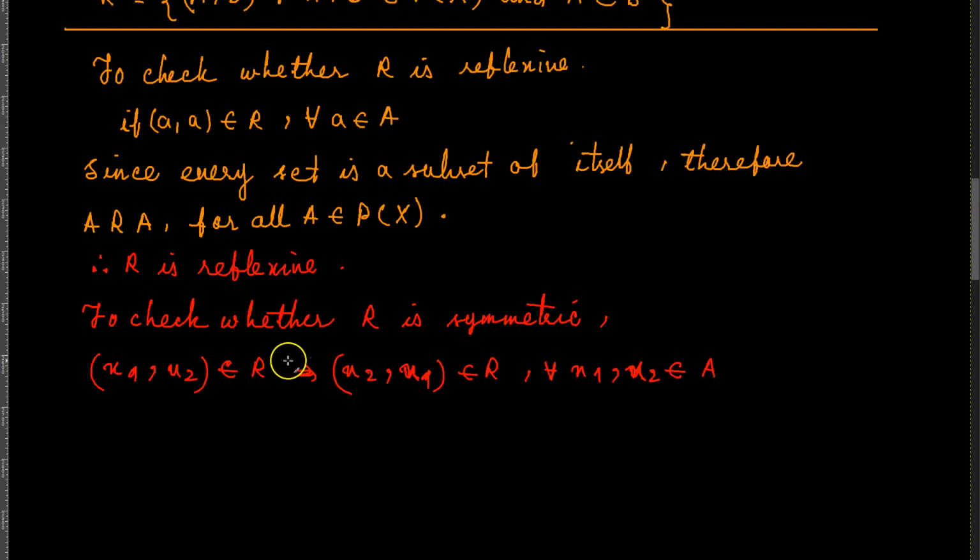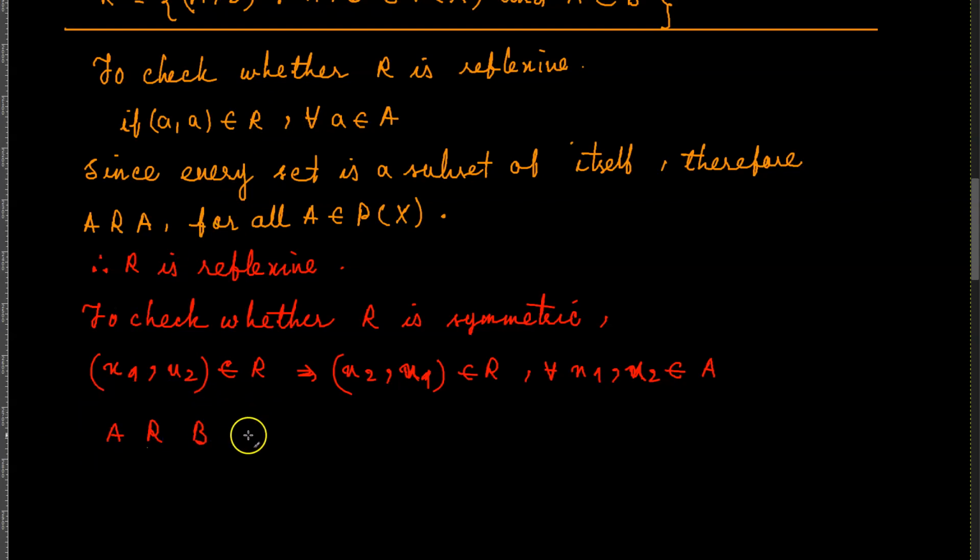Which means that if there is any set in this context that is related to any other set, for example, let's say that you have two sets over here, set A and B. Let's say that there is a set A which is related to the set B.